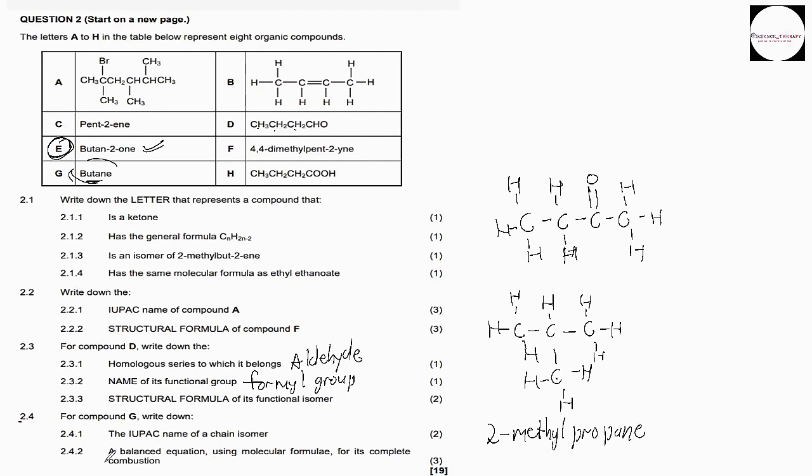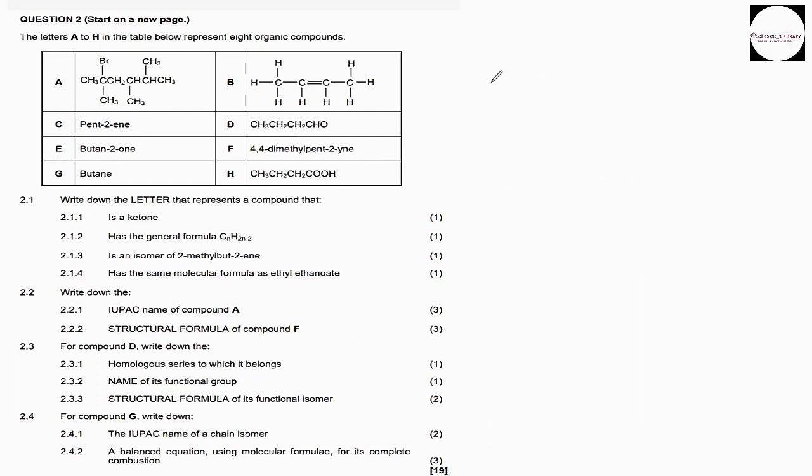Now 2.4.2 says a balanced equation using molecular formulae for its complete combustion. So once again, we can see that this question is very common. Every time we are facing combustion, the general formula is that you should always have an alkane reacting with O2 to give you CO2 plus H2O, right?